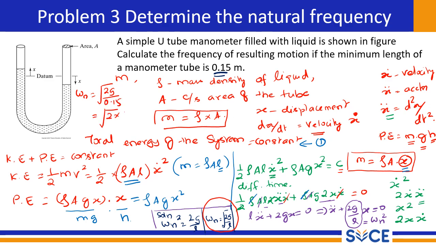If you substitute, you get the value. Check this answer: 1.82 hertz. So for this problem, the solution is 1.82 hertz. With this, we come to the conclusion for problem number 3.